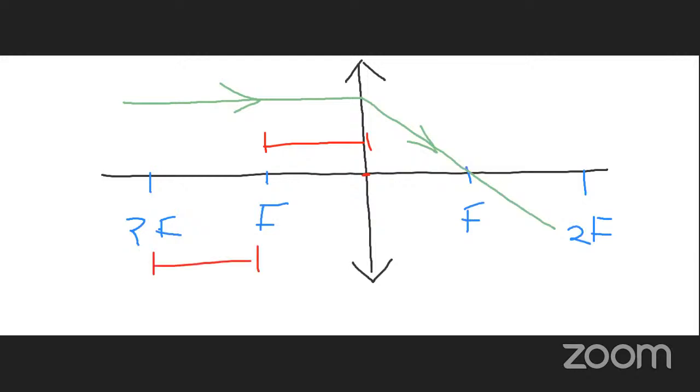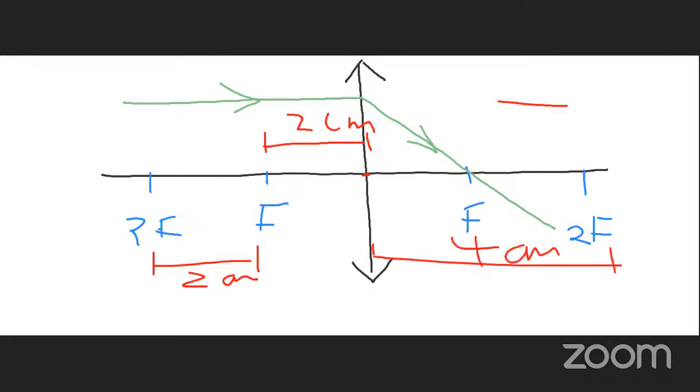Is that okay? And this is the same for that side. It is the same thing for the right-hand side. Then at the end, if this is 2 centimeters, and then this is 2 centimeters, which means the distance from here up to there is what? 4 centimeters.